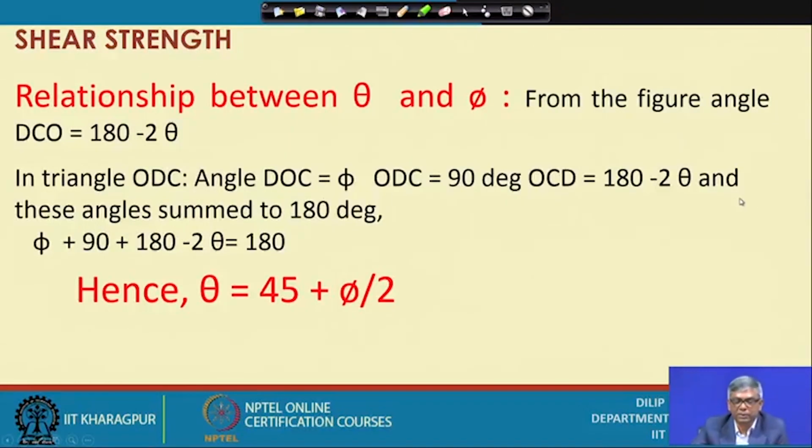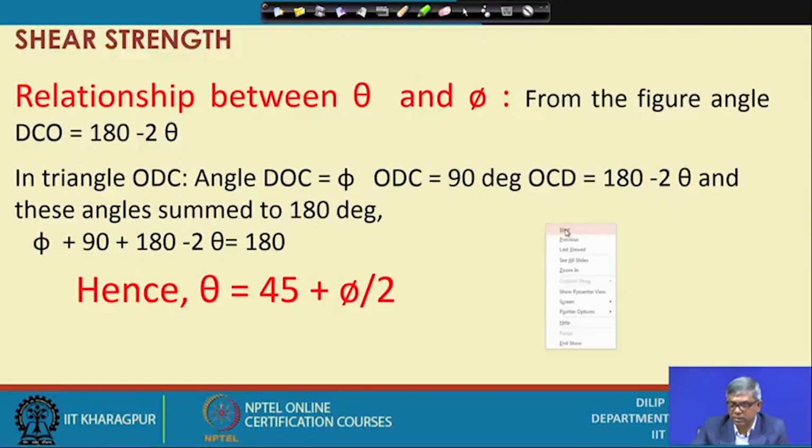So, this one is a failure, this is just at the verge of failure, and this is a very stable condition. Now, the relationship between theta and phi: theta is the orientation angle of the plane, and phi is the angle of internal friction. For that relationship we can take the help of the diagram.